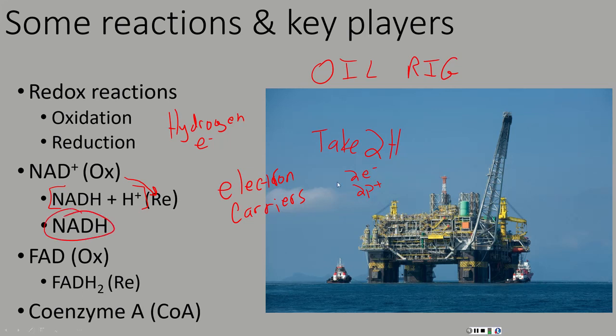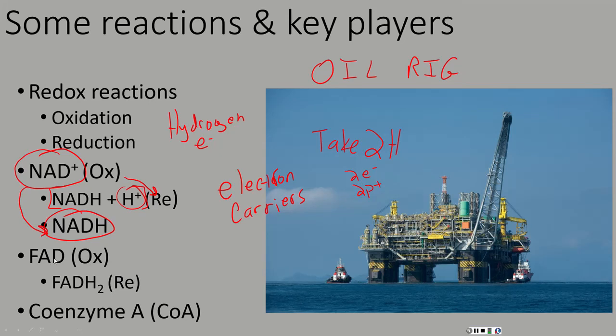But that leaves a proton left over. And remember, another way of writing proton is H+. So that's why sometimes you will see it written NADH plus H+. Sometimes you will just see it written as NADH. Because really, NAD+ becomes NADH when he has picked up his load of electrons.